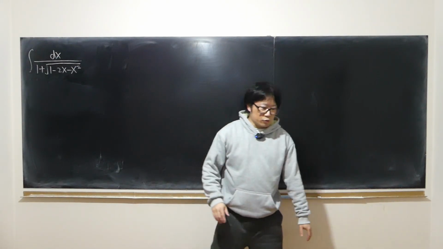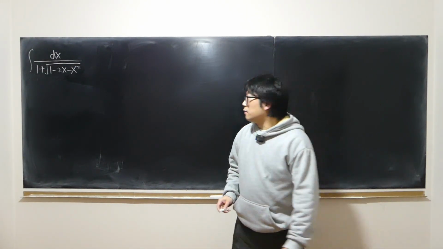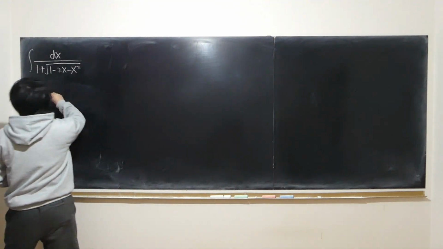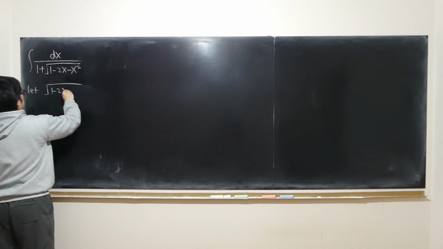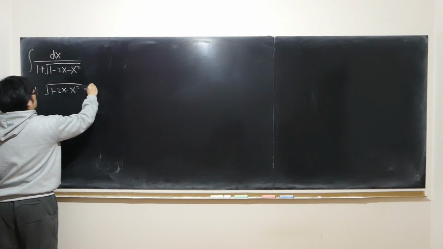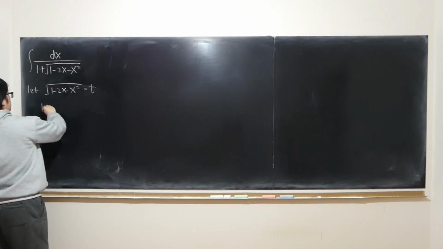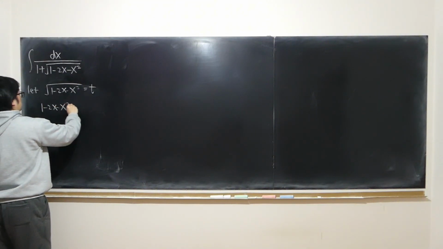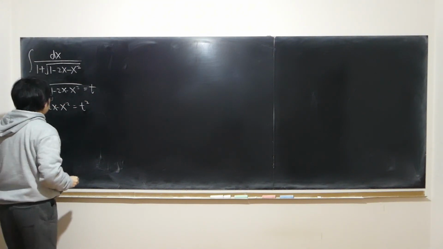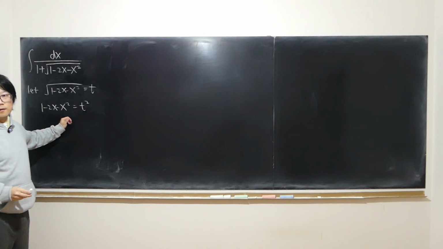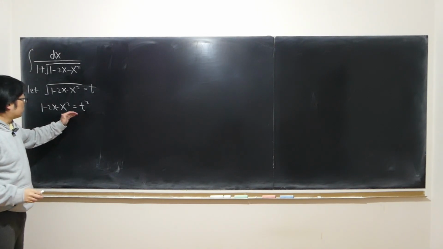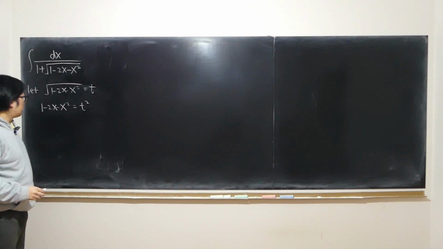So if we straight away let this root equal to t, will it work? Square both sides, equal t squared. Can we express x in terms of t in a way that involves no roots at all?